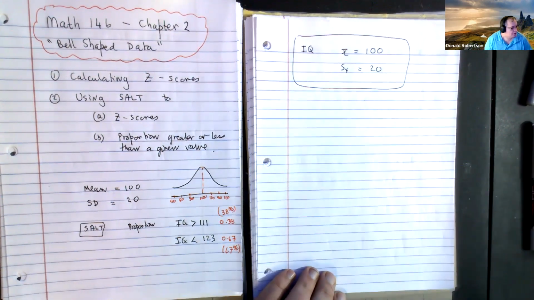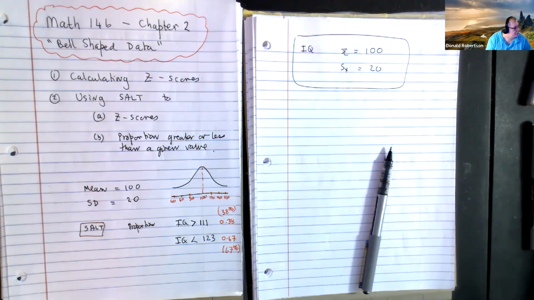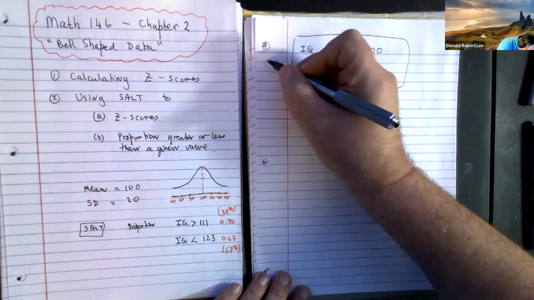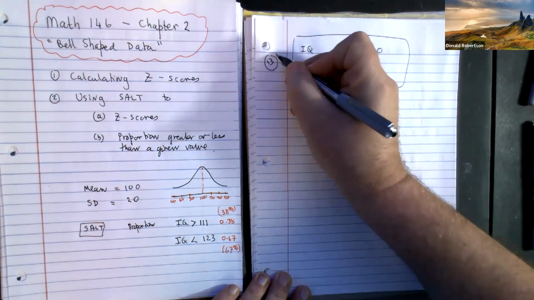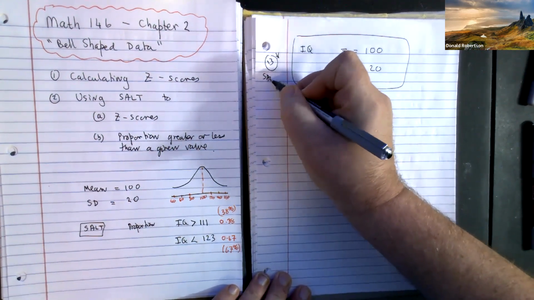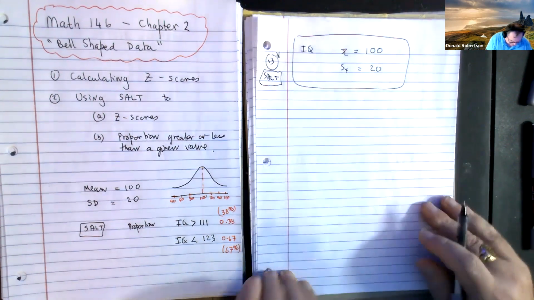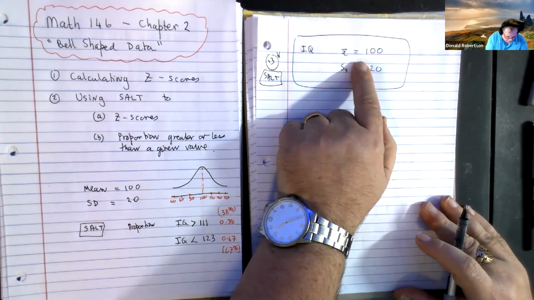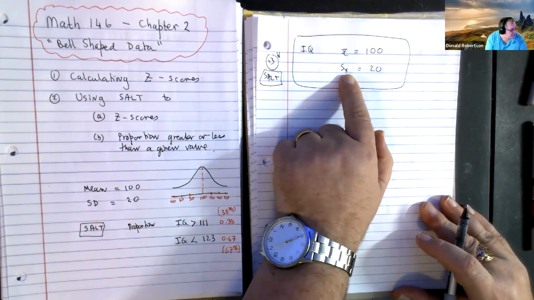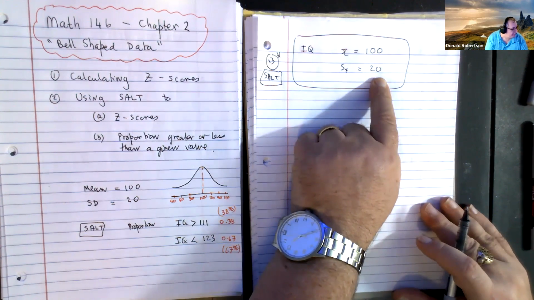And we, hold on a second. I'm going to click in here and find the page. Here we go. So the SALT that you're going to use is in question 13. And in my story, you've got a mean of 100, a standard deviation of 20, right?